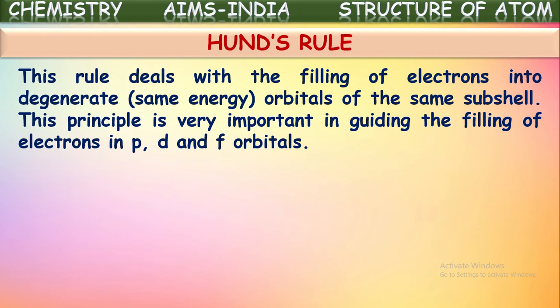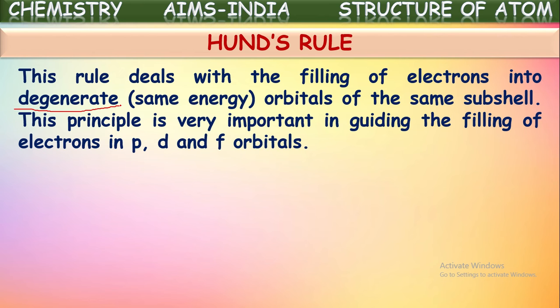This rule deals with the filling of electrons into degenerate orbitals of the same subshell. What are degenerate orbitals? The orbitals present in a subshell are generally called degenerate orbitals. Simply to say, orbitals of the same energy are called degenerate orbitals.